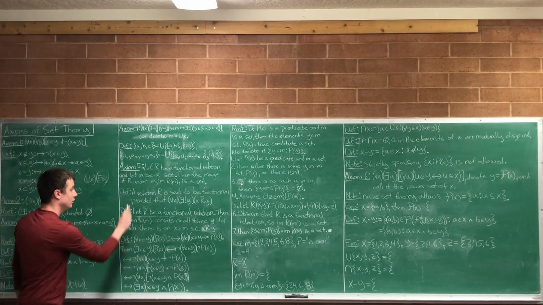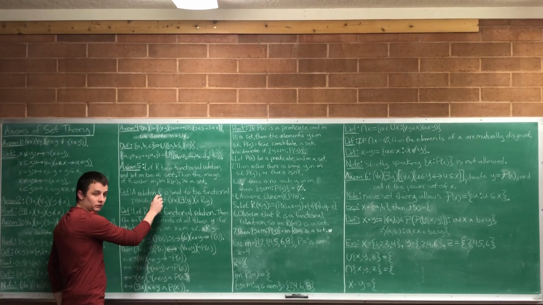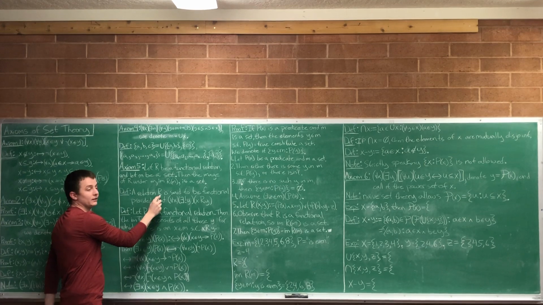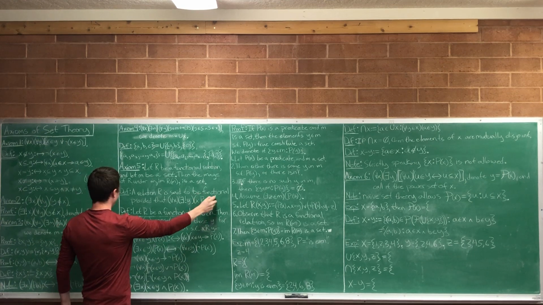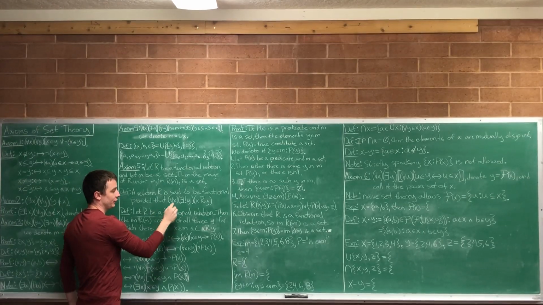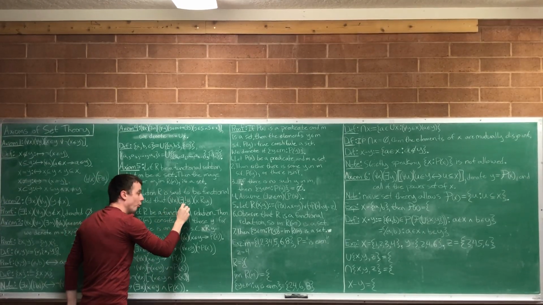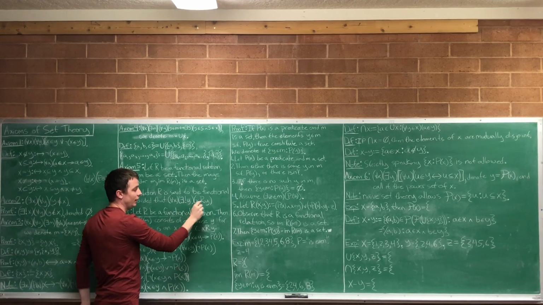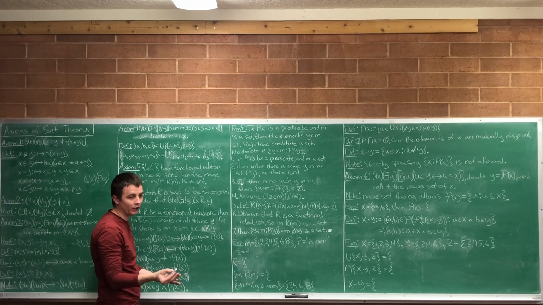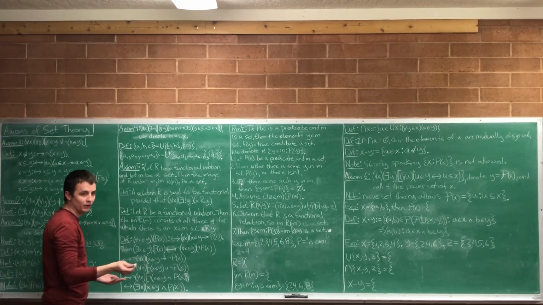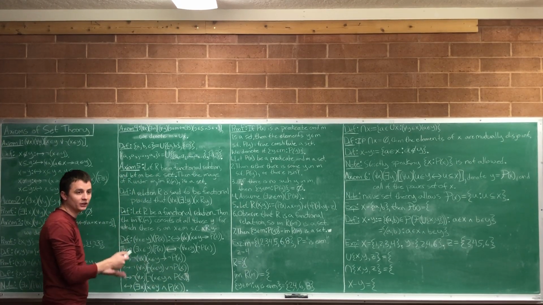So, a relation R, a thing that takes two variables and spits out true or false, is said to be functional, provided that for every x, there exists one and only one y, such that x is related to y. This is exactly how you're used to talking about functions in math. When is something a function?